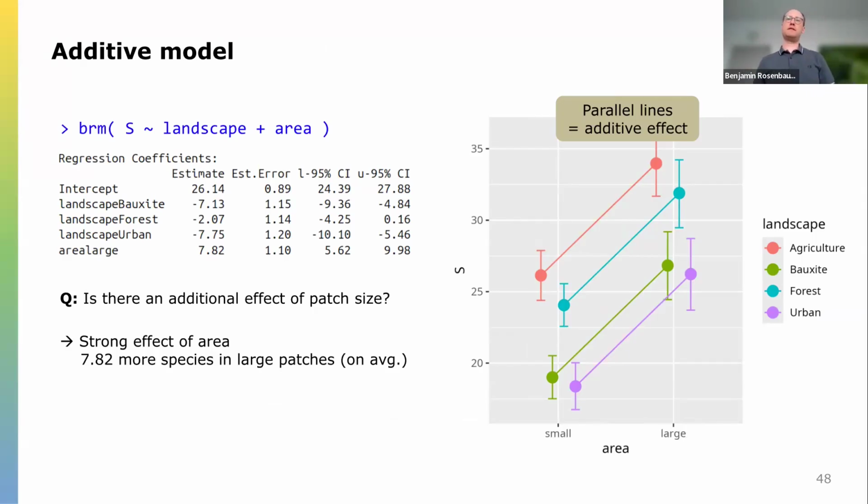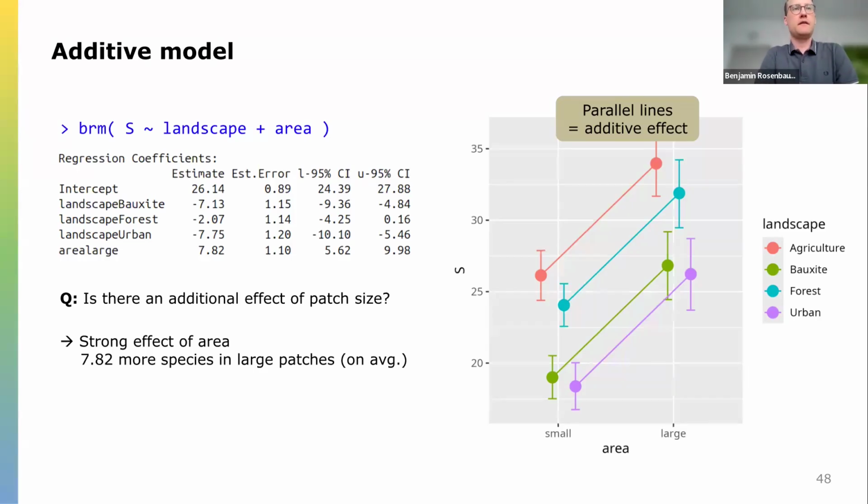Now this intercept is the estimate of the reference levels for both predictors. So here this would be the mean for landscape agriculture in a small area. So there's 26, which you can see on the right side, which is the red point to the left. So this is the reference level.